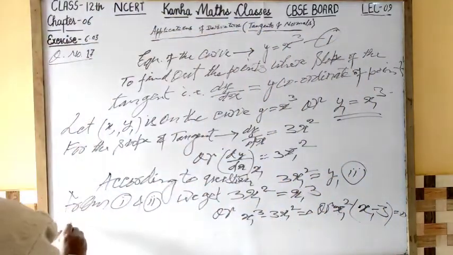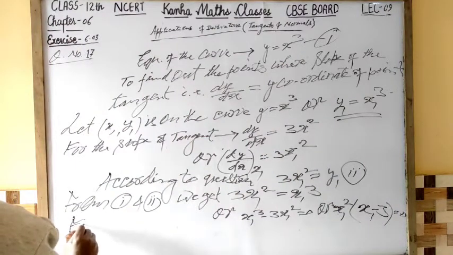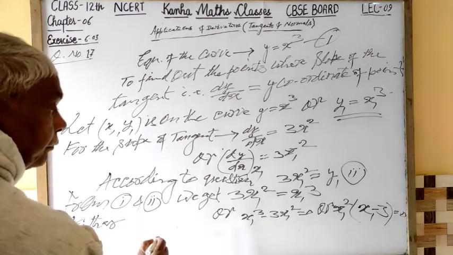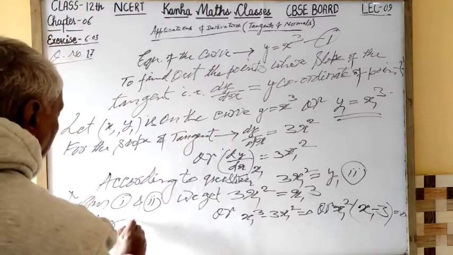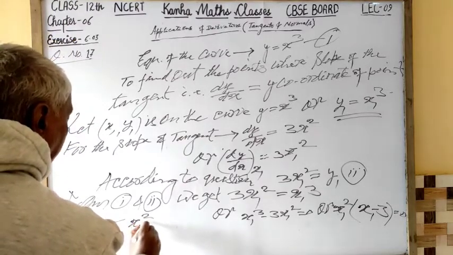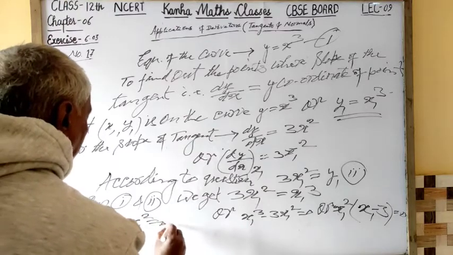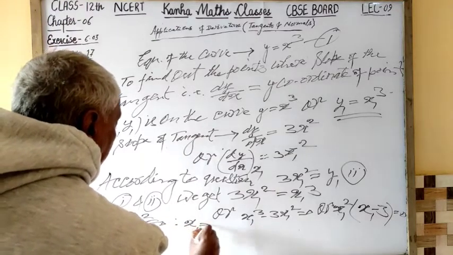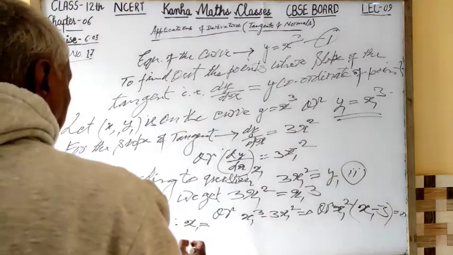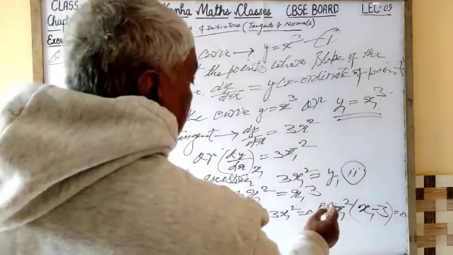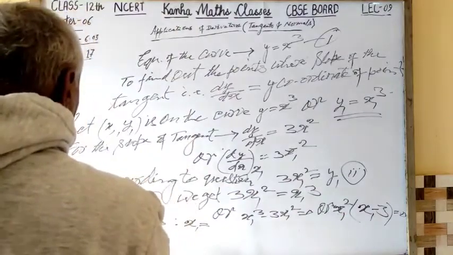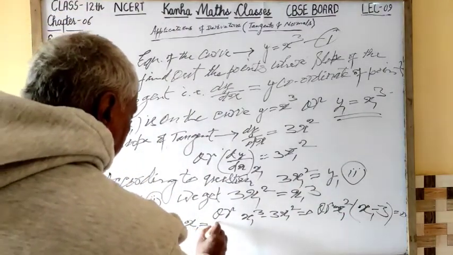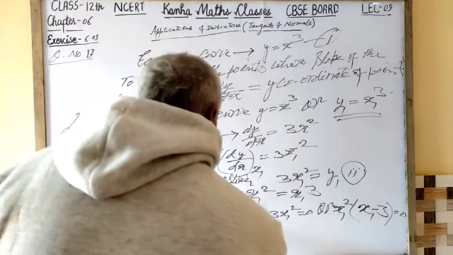Either x1 square is equal to 0, hence x1 is equal to 0, which is not possible.